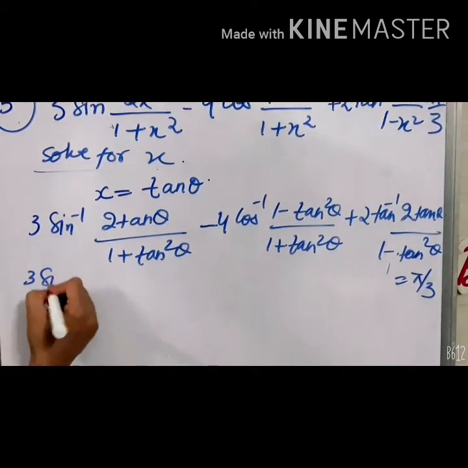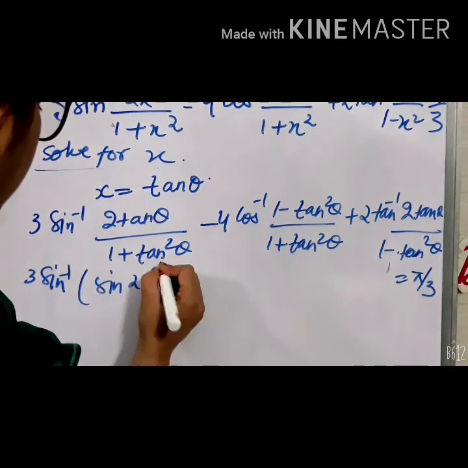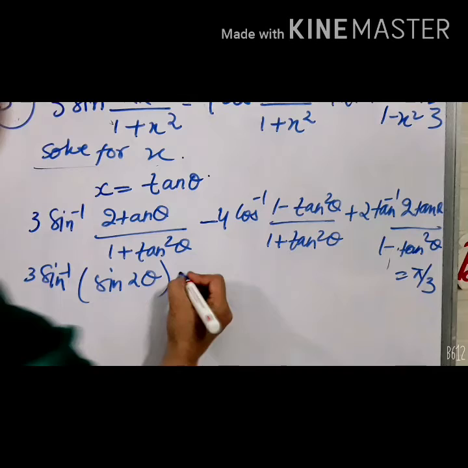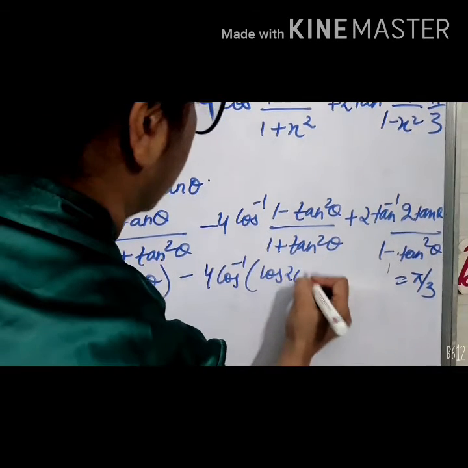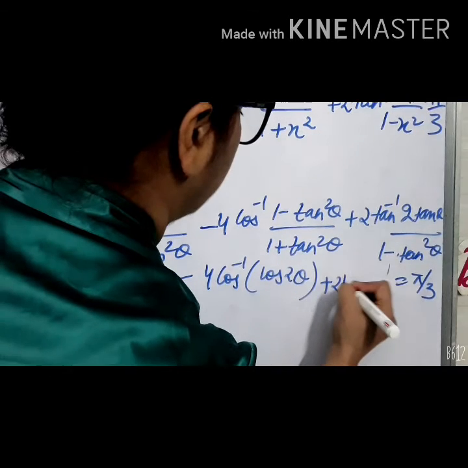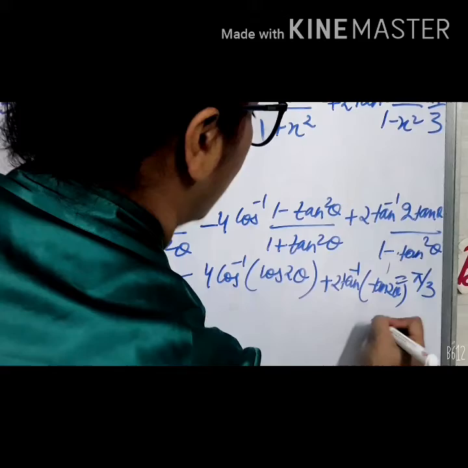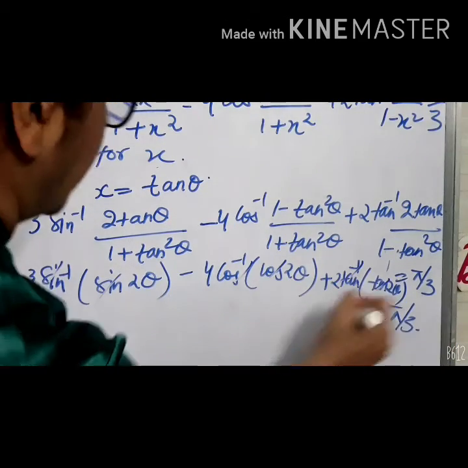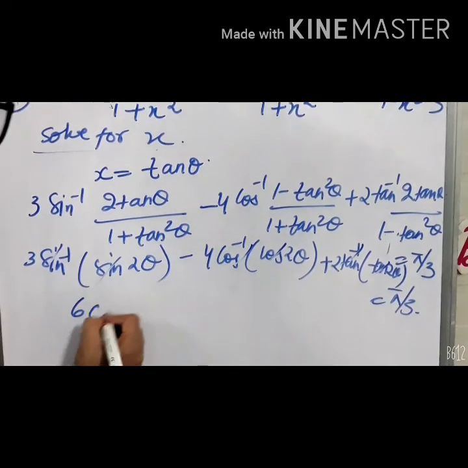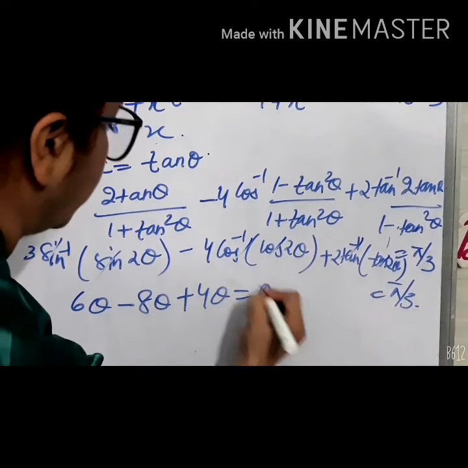Now 3 sin inverse of, this becomes sin 2 theta. Now this becomes cos inverse of cos 2 theta. This becomes 2 tan inverse of tan 2 theta is equal to pi by 3. Fine. Cancel, cancel, and like this. So it becomes 6 theta minus 8 theta plus 4 theta is equal to pi by 3.